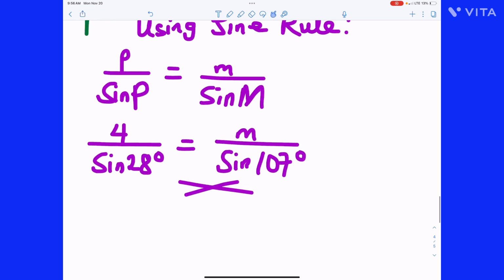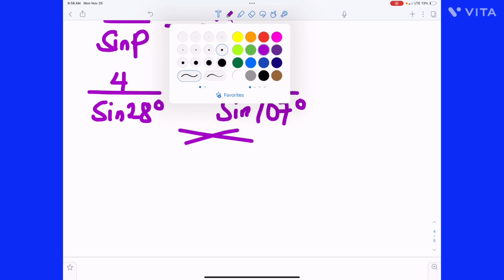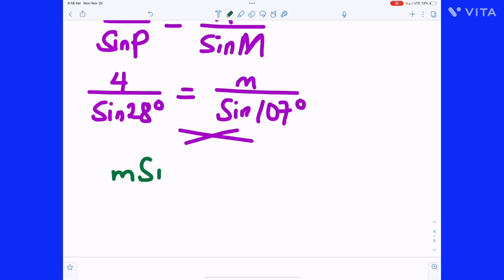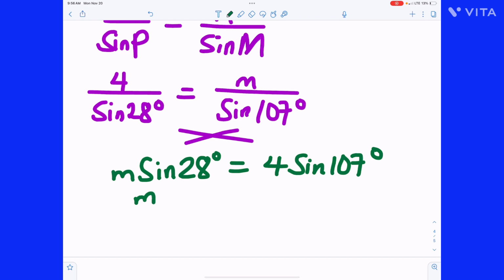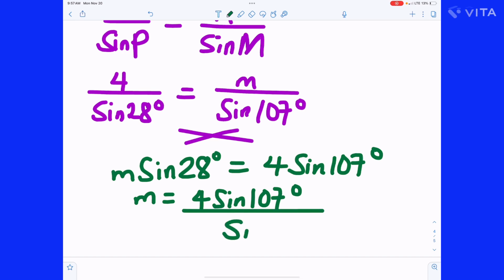So you cross multiply. What do you get when you cross multiply? M sine 28 is equal to 4 sine 107 degrees. So M is 4 sine 107 degrees over what? Sine 28.